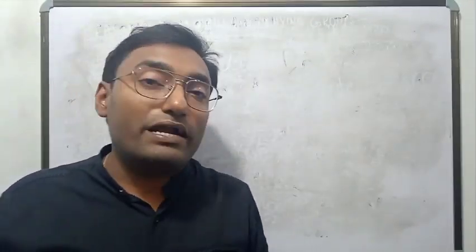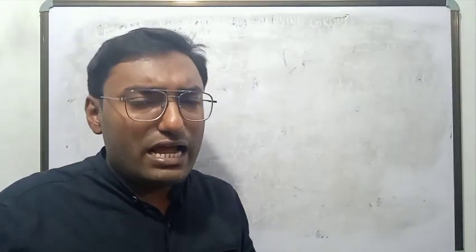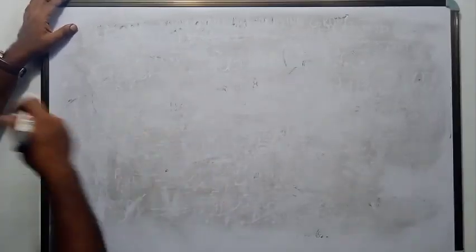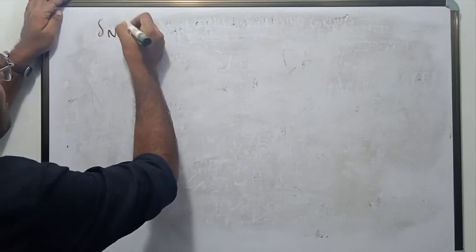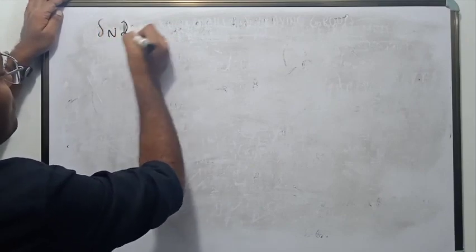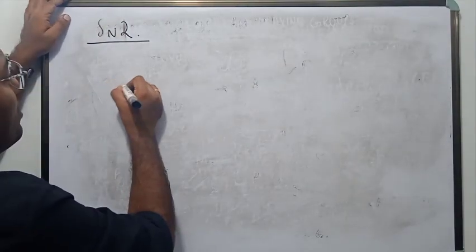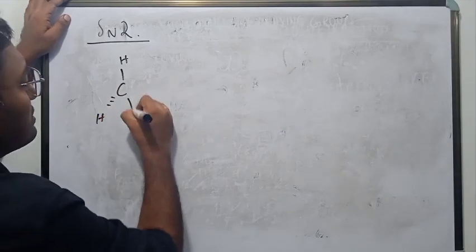Now let us understand the impact of nucleophiles and the impact of leaving groups in substitution reactions as well as in elimination reactions. Look at the substitution reaction. First is the SN2 reaction, nucleophilic substitution, which I am going to draw. This is the primary alkyl halide.